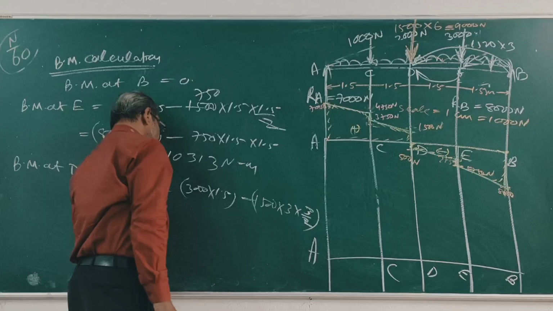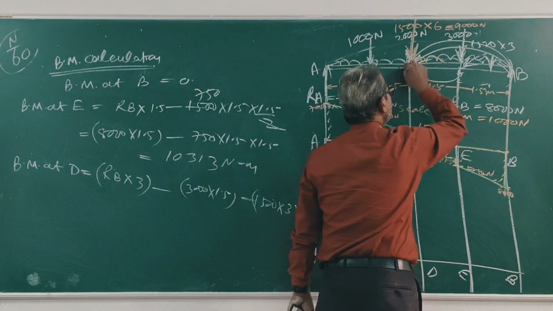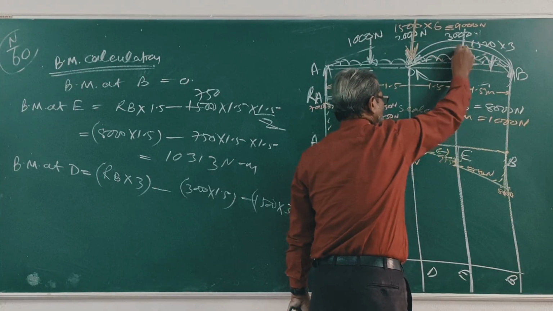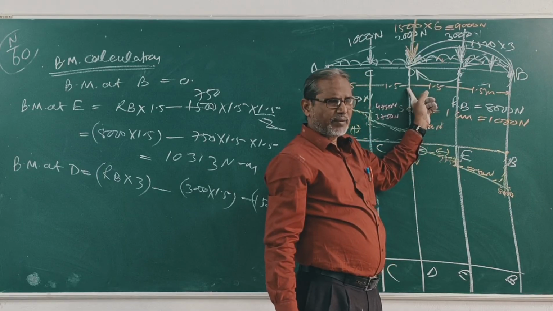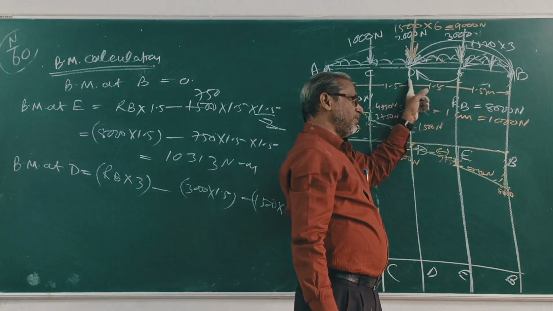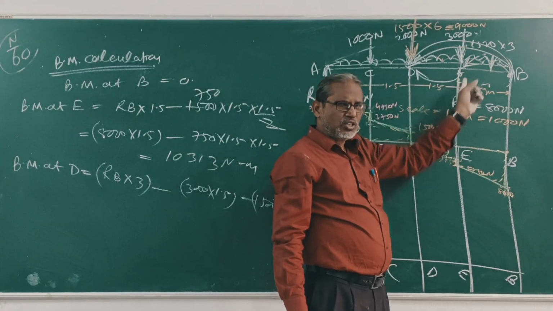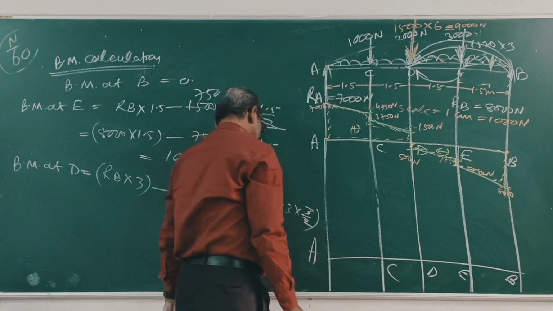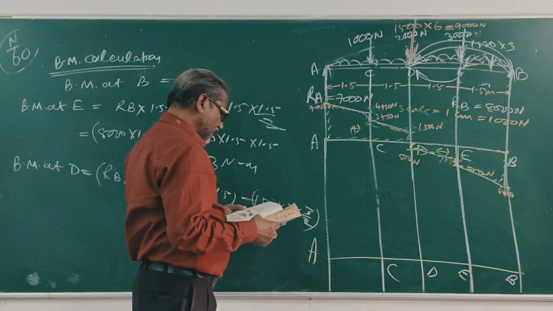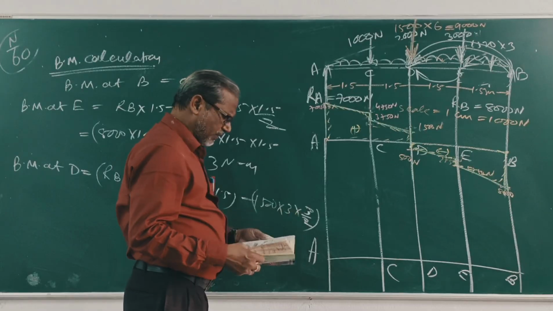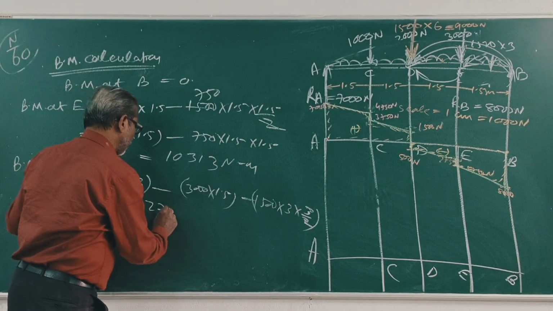Clear? This is RB into 3 minus 3000. Clear? RB into 3 minus 3000 into 1.5 minus 1500 into 3 into 3 by 2. Clear? This is the value at D. The answer at D is 12750 Newton meter.